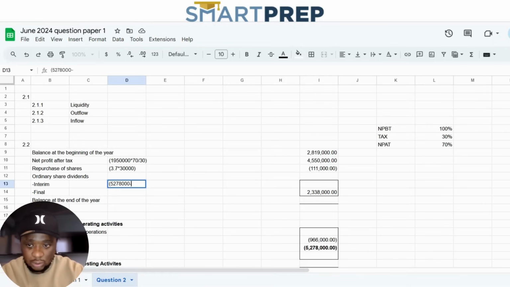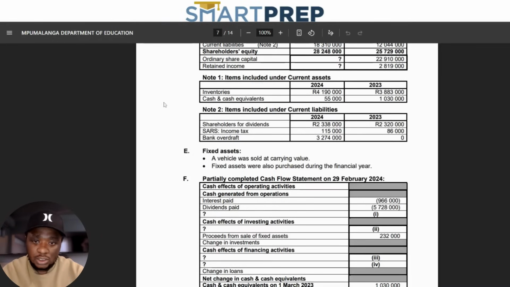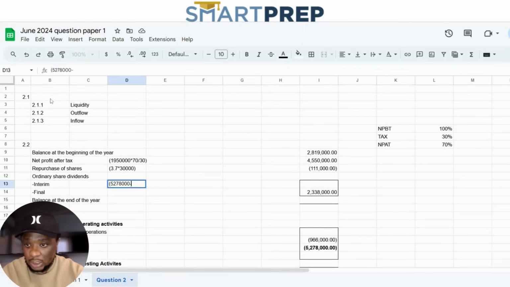5,278,000, then you're going to subtract the shareholders for dividends at the beginning of the year, which was 2,320,000.